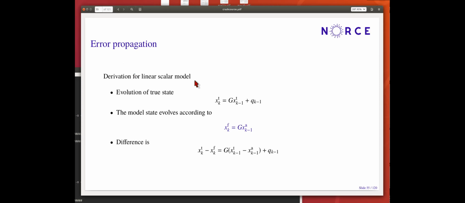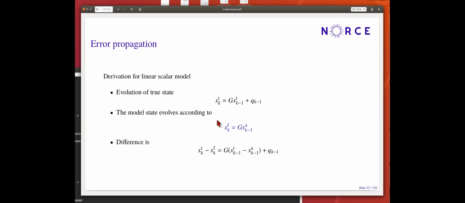Suppose you start with a linear model, and I use a scalar model just to simplify the notation, but the truth evolves according to this model. If you have the true solution at time k-1, then you have a linear model operator G, and you make a prediction at time tk. And the truth at time tk is this prediction plus the errors in the model.